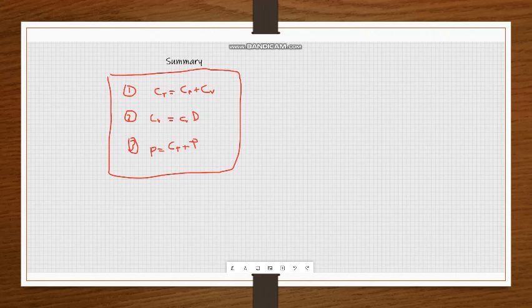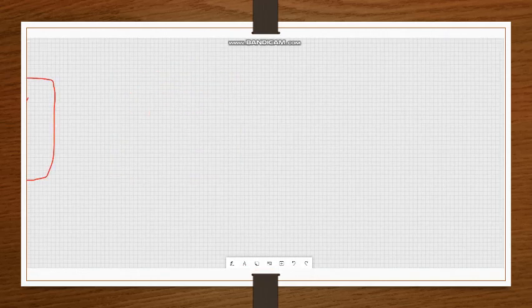Let's solve some problems in order to get what kind of problems we can see with these basic formulas. Okay, let's start our first example. Example 1.